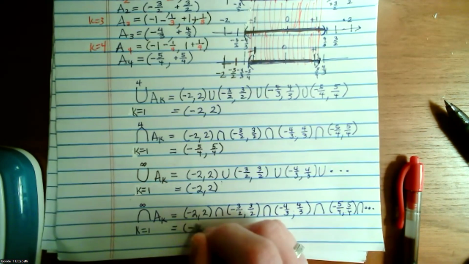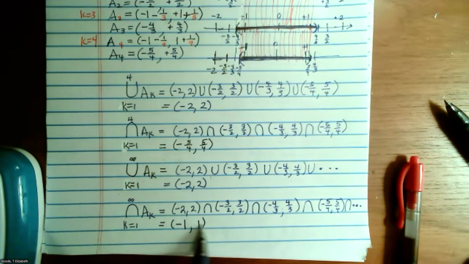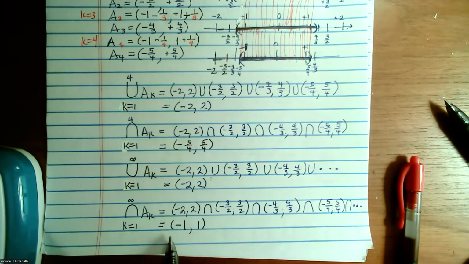-1 to 1. Because no matter if you try to take anything on the outside of -1 and 1, like -101 over 100 and +101 over 100, the next set wouldn't have some of those points, because it would be -102 over 101 to 102 over 101. So A101 wouldn't have all the points that are in A100, and A102 would not have all of the points that A101 had.